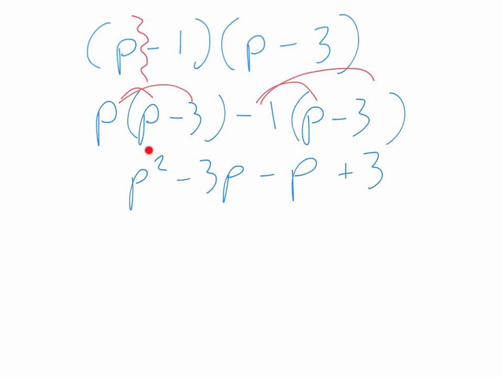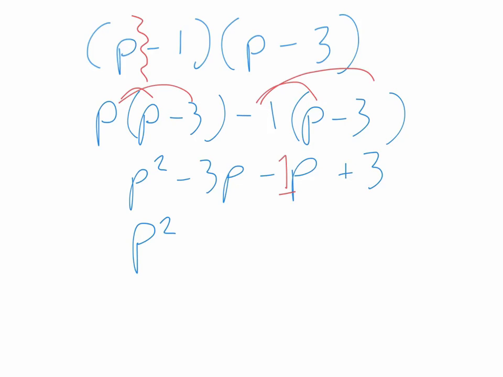Then we have a look and we see, okay, we've got p squared here, and we don't have any other p squareds along here, so we just have to keep our p squared on its own. Then we see we have a minus 3p here, and a minus p here. And minus p is really minus 1p. There's an imaginary 1 or an invisible 1 in there.